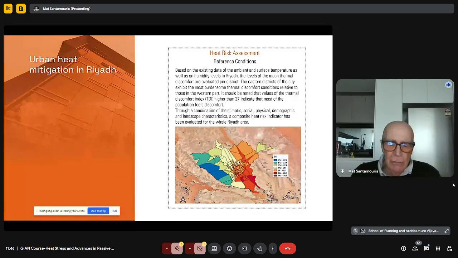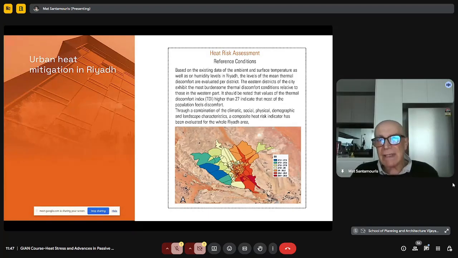So we had a very good understanding of the reasons behind the overheating and the characteristics of the city. But when all this information is collected, and before proceeding to the design and assessment of the mitigation technologies, it is extremely important to perform another study, an assessment of the heat risk.